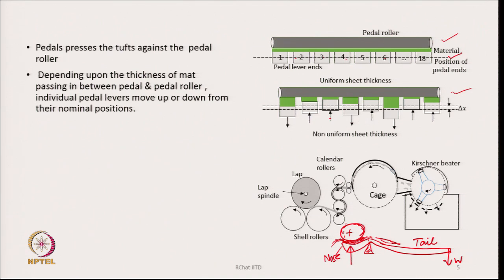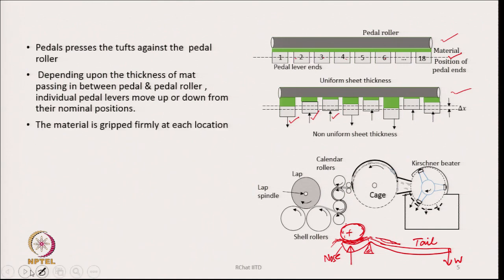And what we see here, that this pedal nose has moved down from its nominal position, this pedal has moved up, this has moved up. So, it all depends on the mass of material in between the nose of the individual pedals and the pedal roller. So, they will move up and down, and what is the resultant of this?